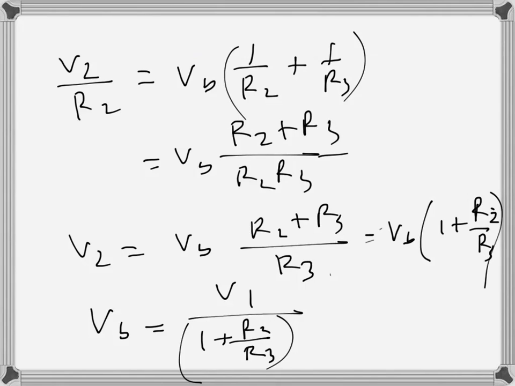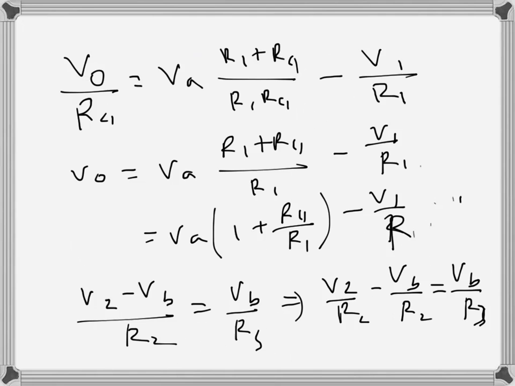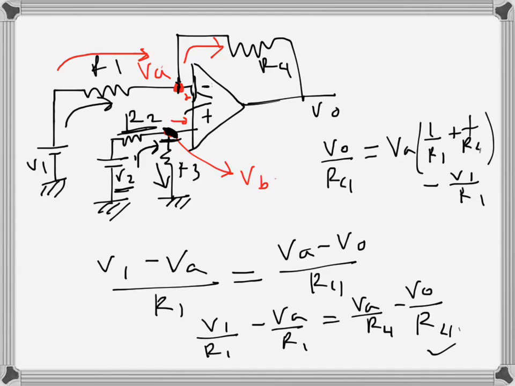So this is my expression for VB. In the final differential amplifier expression, I want V0, the output voltage, in terms of V1 and V2, the two applied voltages. So I want to get rid of VA and VB.